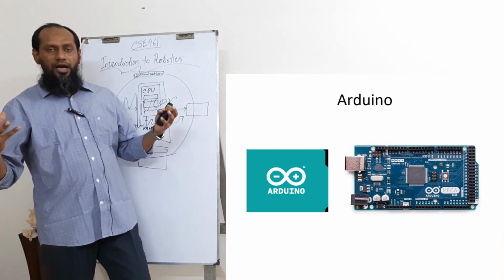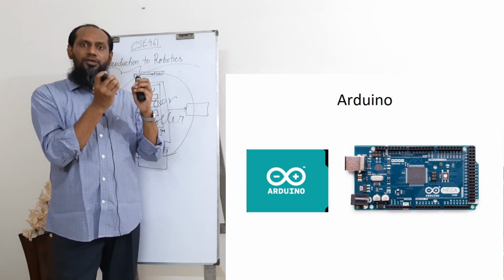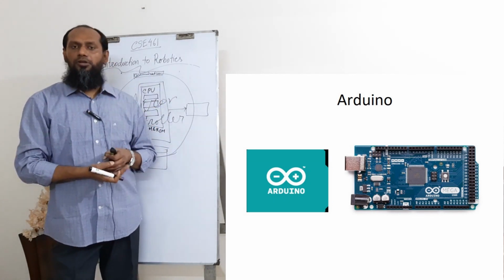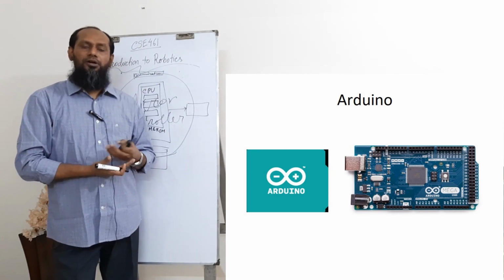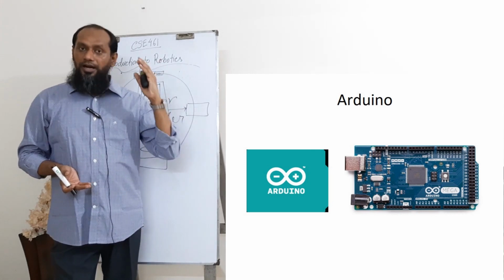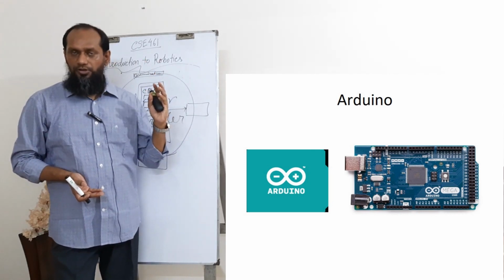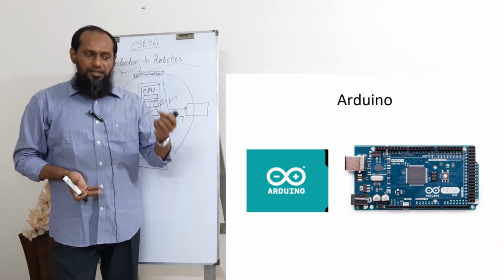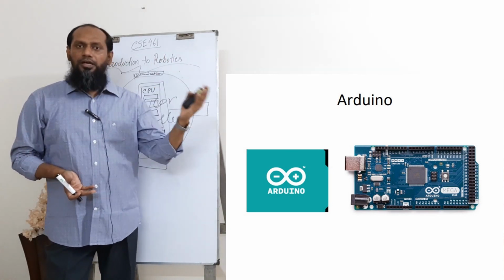When R&D is finished, then you can use the same program with the microcontroller and you can use it in our industrial item. Okay, so for R&D, Arduino is a good choice. Okay, but for R&D, microcontroller is not a good choice. But again, as I told you, both are the same thing.